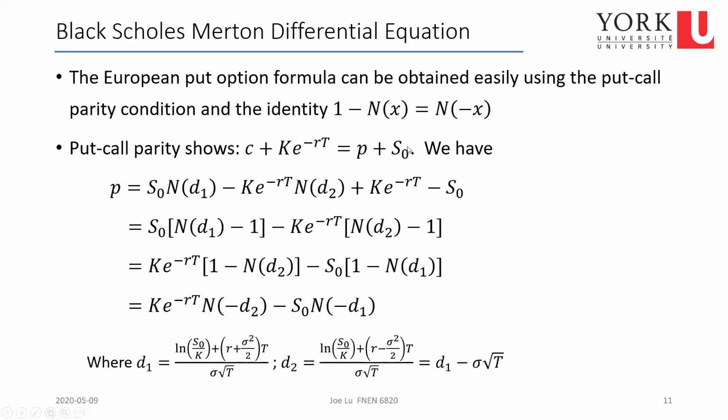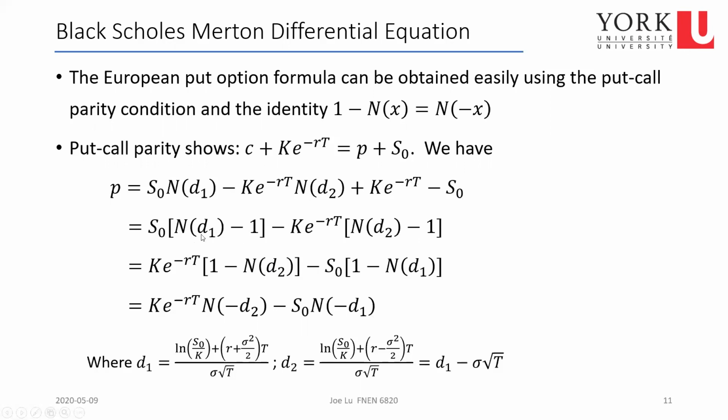Now with this put-call parity, you just substitute in the formula for the call, which is this part here, then plus K times e to the power minus RT minus S naught. Then you take the common factors S naught and K times e to the power minus RT, so you will get this part here.